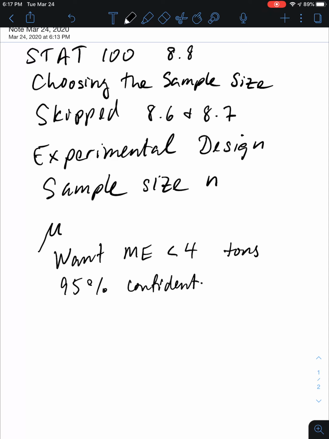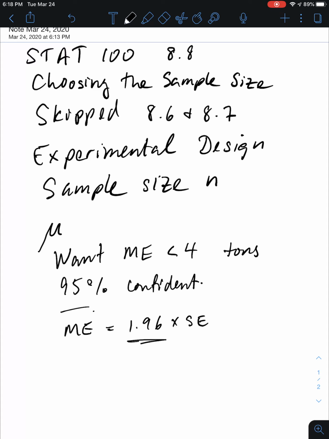So this is well on the way toward having enough information. So let's see what this tells us about the sample size. We want the margin of error to be less than 4 tons, and we're 95% confident. That means that the margin of error is 1.96 times the standard error. That's with a 95% confidence gives us this number 1.96.